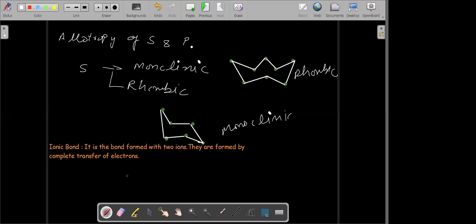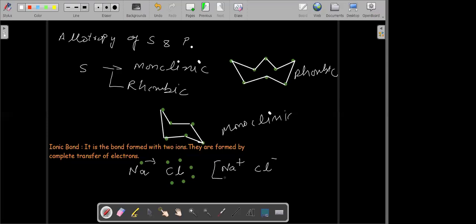For example, if we consider sodium and chlorine and represent their electrons with the help of a dot. Sodium atom has one electron, whereas chlorine atom has 7 electrons. To form the bond between the two, the sodium must donate one of its electrons. If sodium donates one electron to chlorine, you will have your sodium ion Na+ and the chloride ion Cl-.